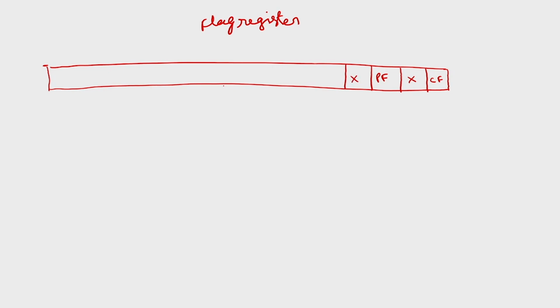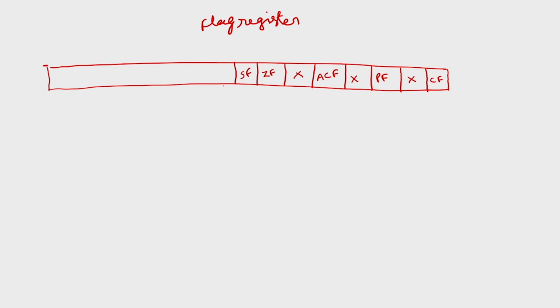Then we have the auxiliary carry flag, then this position is again don't care. Then we have the zero flag, sign flag. So these 8 bits are exactly similar to those of the 8085 microprocessor.